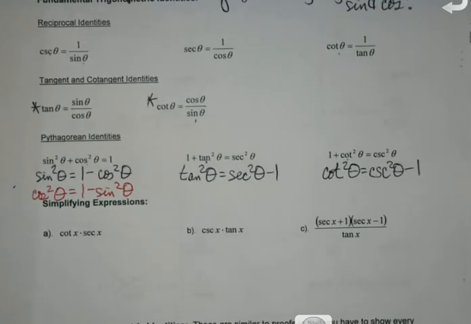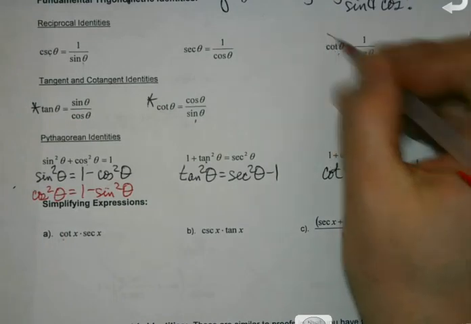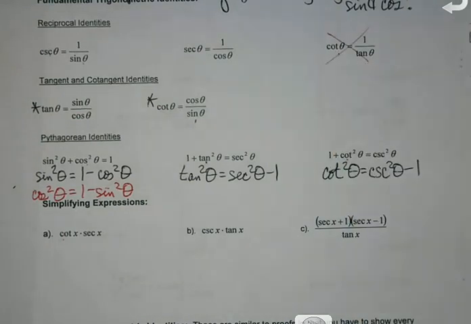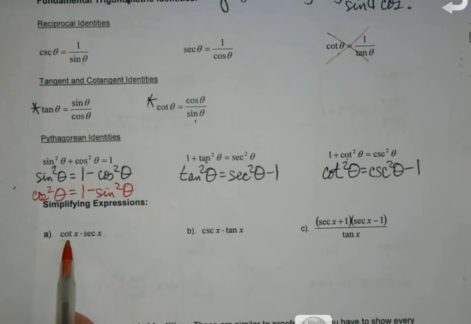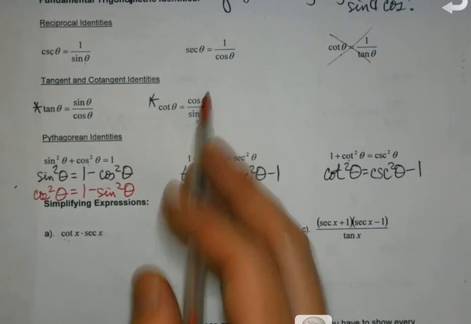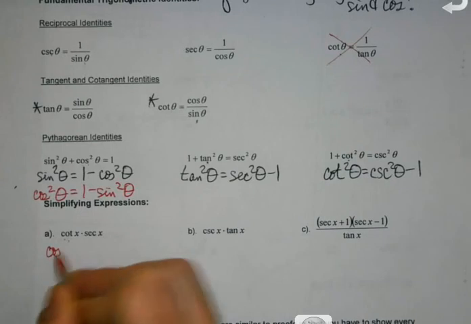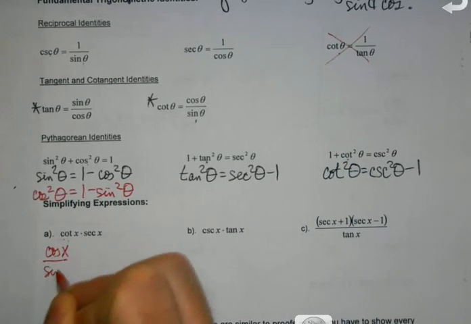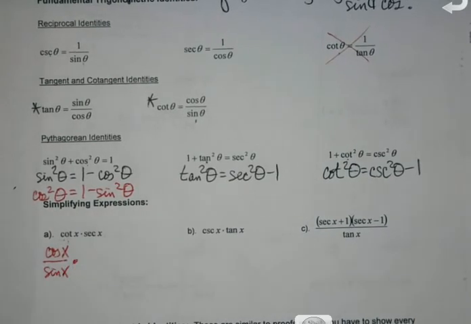When I'm looking to simplify an expression, again, anytime I see something that's not sine or cosine, I'm kind of mentally crossing it out. If I see cotangent, what's its equivalent up in my little chart up here? Cosine over sine. So I'd have cosine x over sine of x.